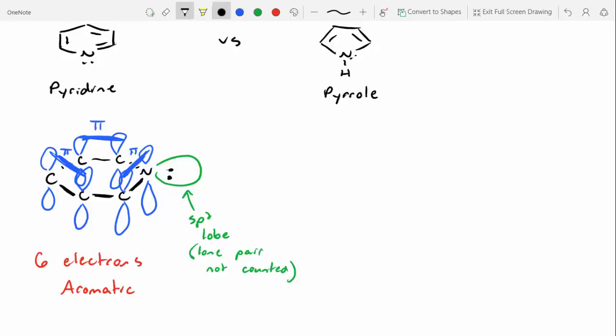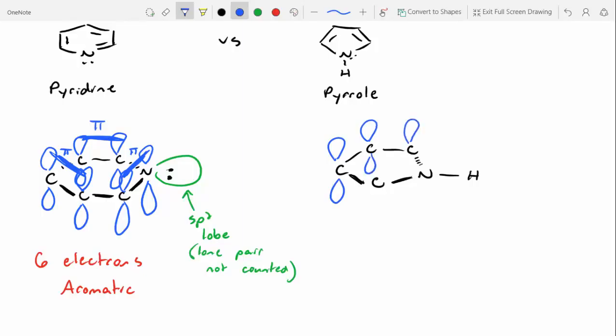All right, so with pyrrole, again, I'm going to try my best to do this side-on view. We've got this p orbital here, here, here.